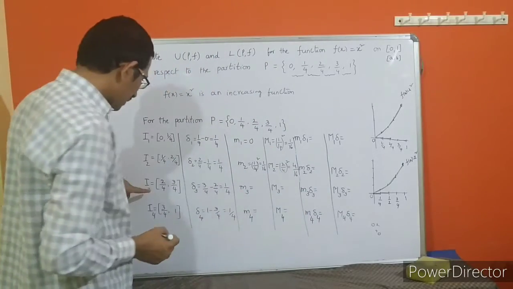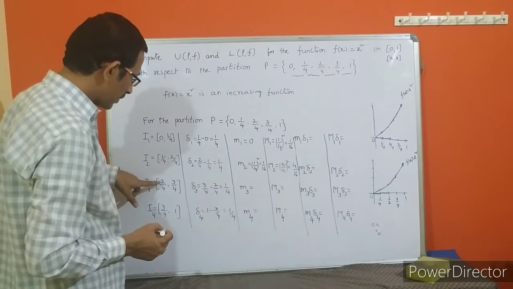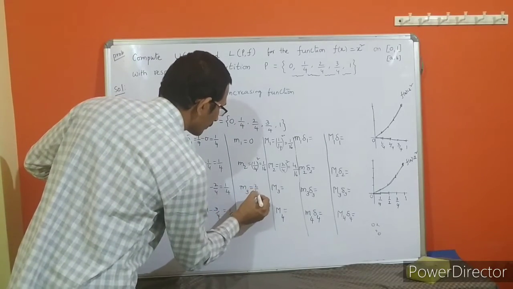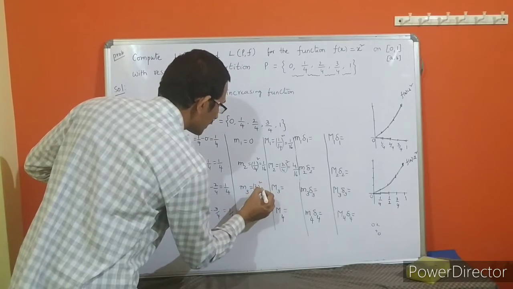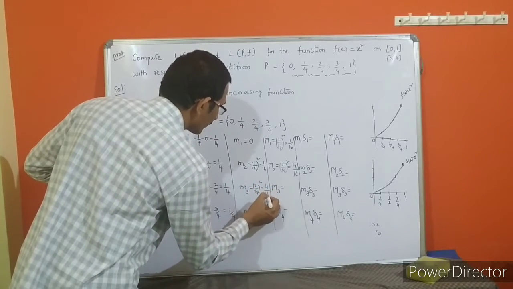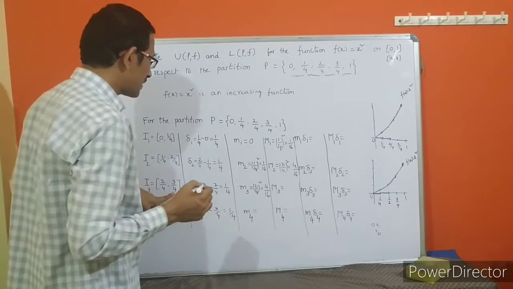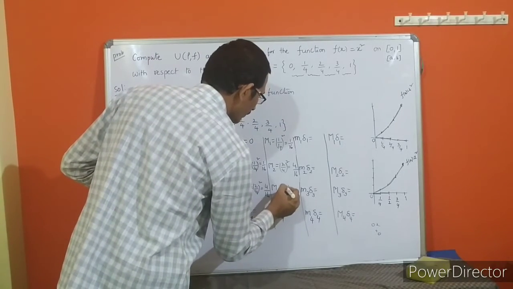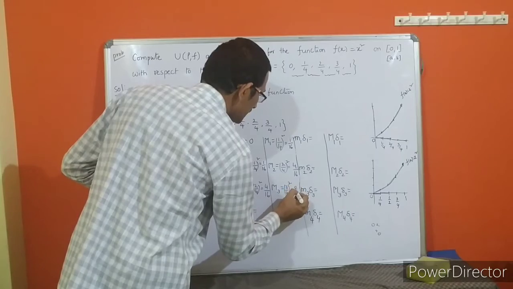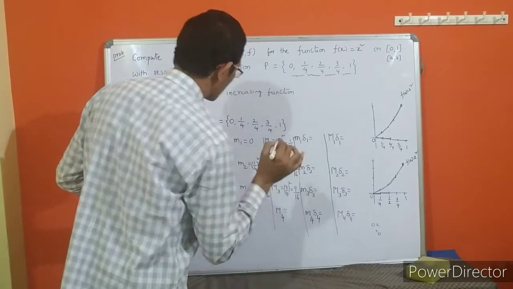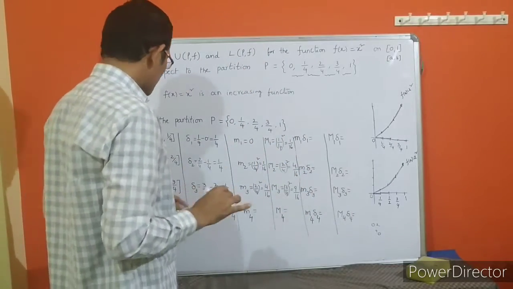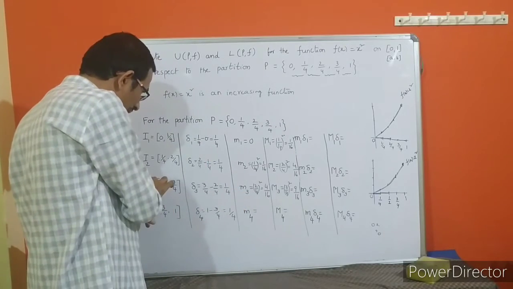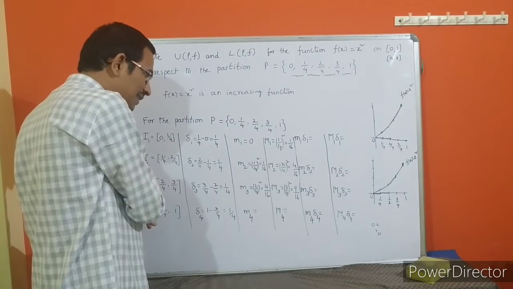Similarly, in I3 the minimum is at 2 by 4, that means 2 by 4 whole square, that is 4 by 16. And the maximum is at 3 by 4, that is 3 by 4 whole square. This is because, first please remember, the minimum value occurs at the minimum value of x.